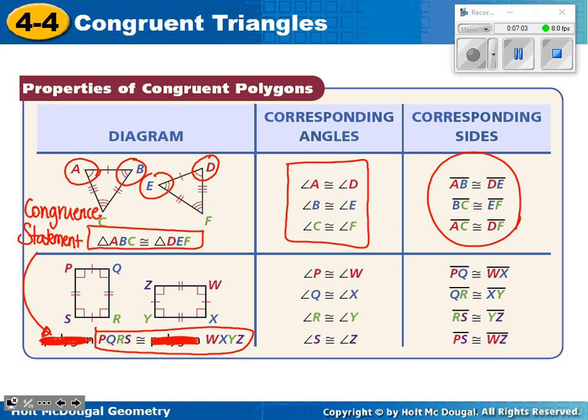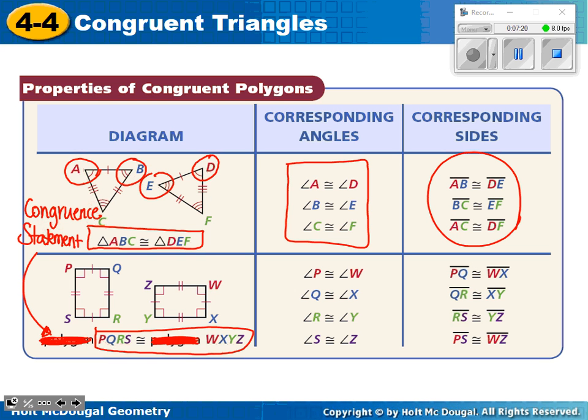Both of these are called congruent statements. Congruent statements you are going to have to write a lot. Congruent statements are where you are naming the two shapes that are congruent. When you name them, the order in which you put the letters matters.